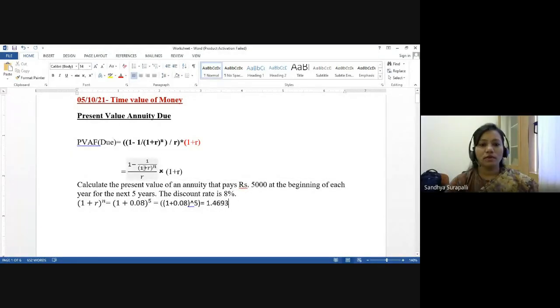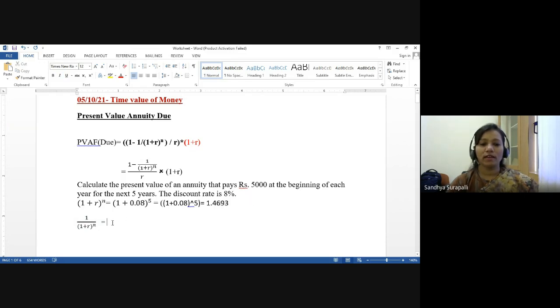Then we will solve for 1 divided by 1 plus r to the power n. We already got 1 plus r to the power n, which is 1.4693.